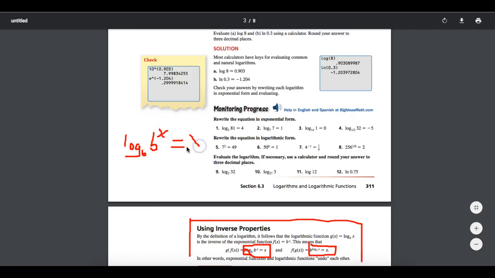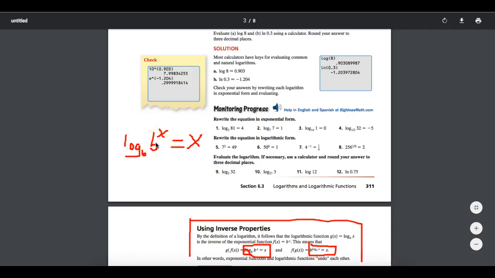Instead of just being a number like log base b of 64, our input is a base with an exponent.